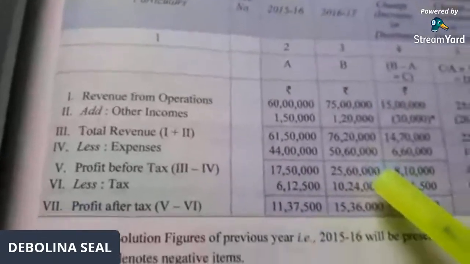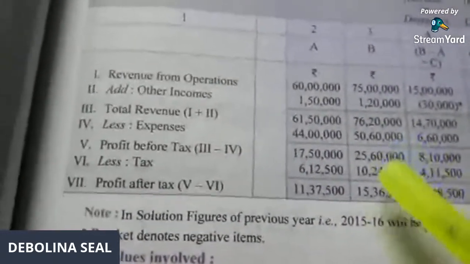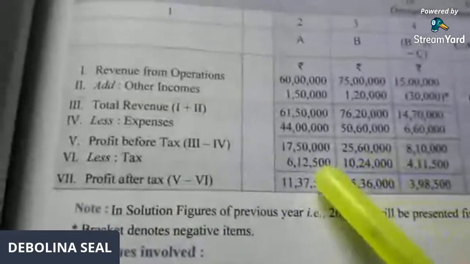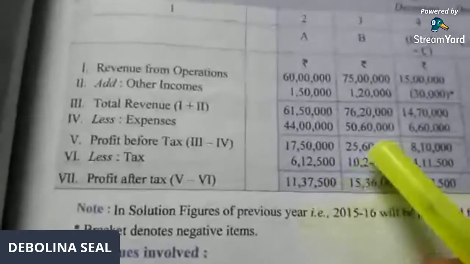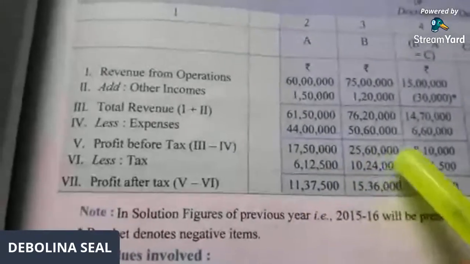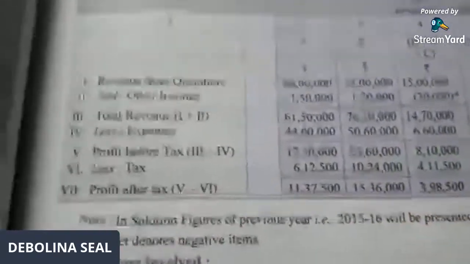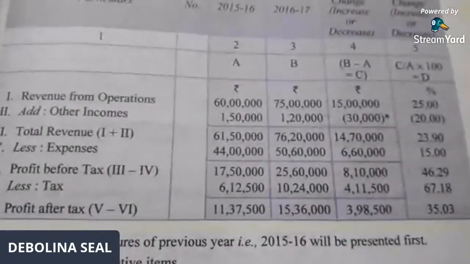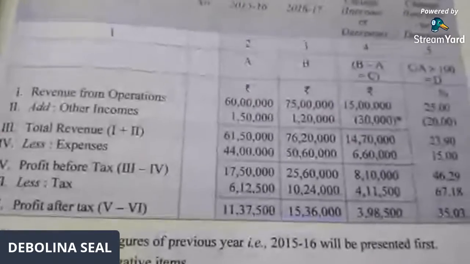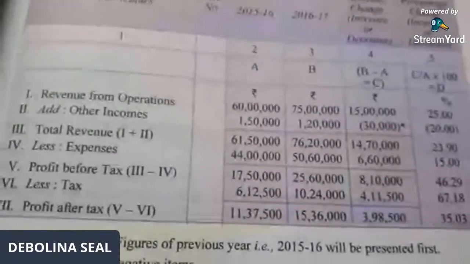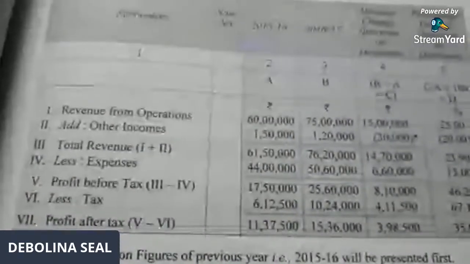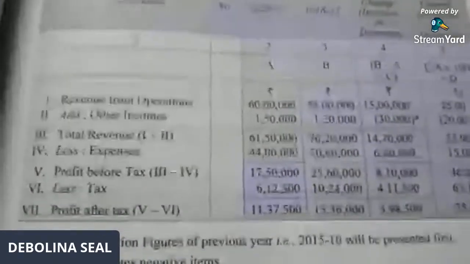Now in this, 40% tax is told, so you do 40 by 100 of 25 lakh 60,000, and you get 10 lakh 24,000. Now you subtract this, you are getting 15 lakh 36,000. Done. So these are the 2 columns you have already solved.